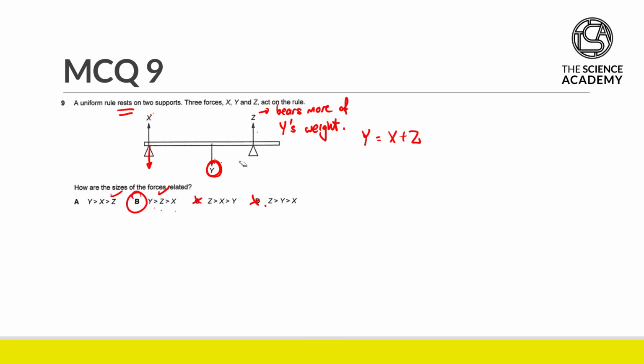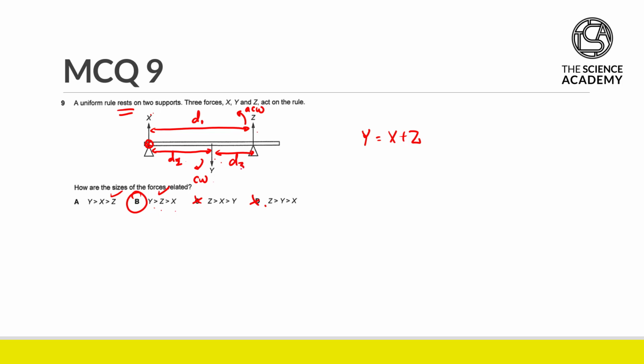But of course, there is another way to go about doing this, which is essentially to use moments. So if we go ahead and use moments, and we take x as the pivot, we have z, which creates an anti-clockwise moment, and y creates a clockwise moment. So we have this distance, let's call it d1, and this distance, let's call it d2.